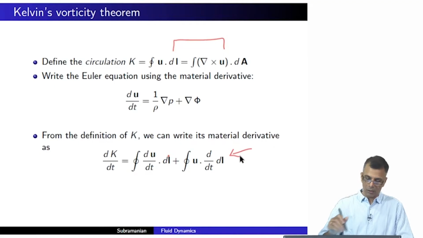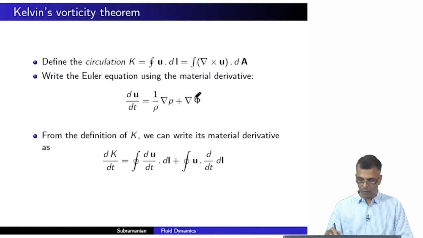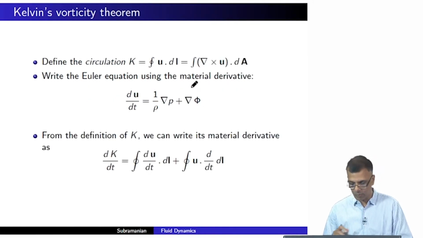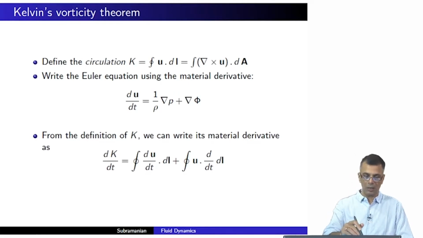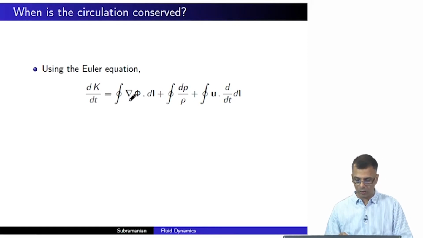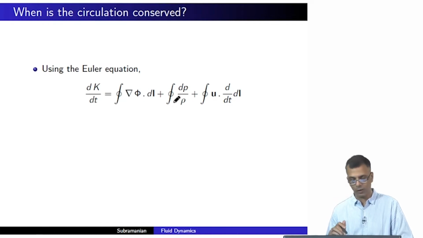So that is dK/dt on the left hand side, and on the right hand side you have, remember, the gravitational potential and you have the gradient of p. You do the line integral again because that's what we were doing to all the terms of the equation, and you have d phi, gradient of phi dot dl, and this is just a perfect differential.